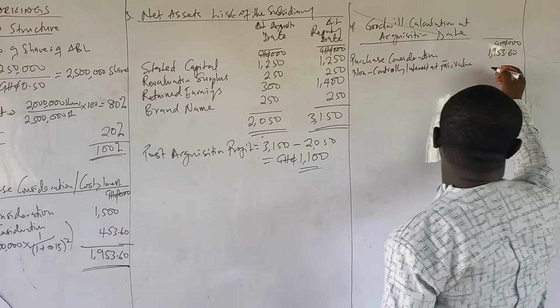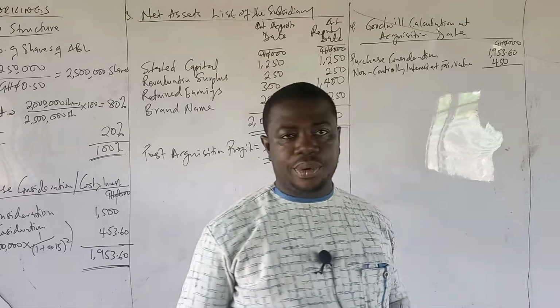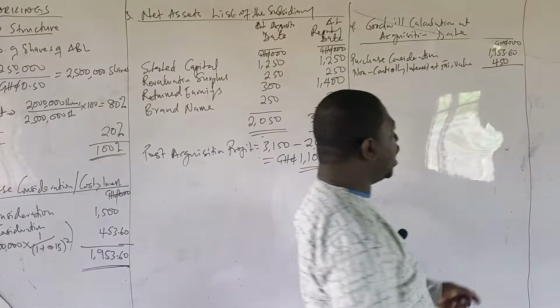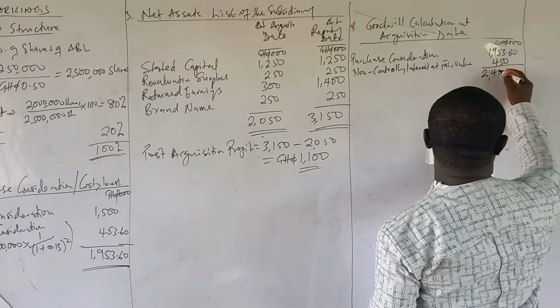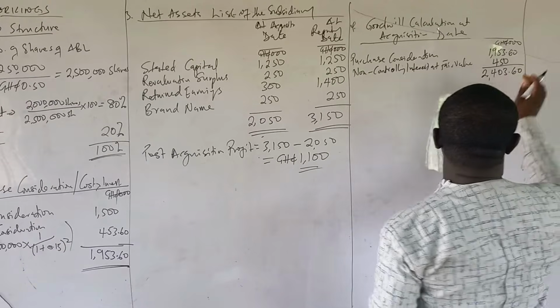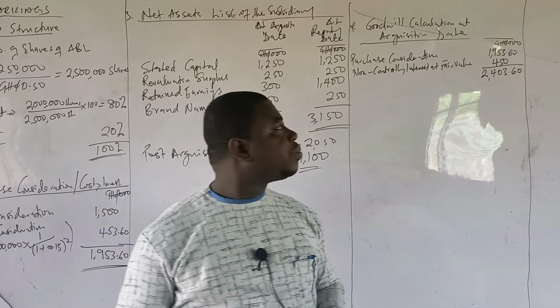And that is 450. Remember that 3 zeros are already up. So 450,000. And then when we add that, we are going to have 2,403.60. That is going to be the total cost of investment, okay?